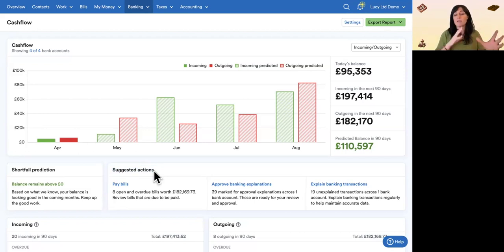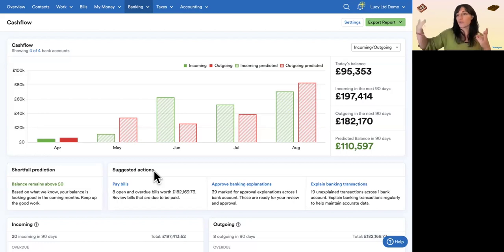And it comes from a number of different areas in FreeAgent. It comes from the current balance in all of your bank accounts that are in FreeAgent, all of your future dated bank transactions, so things that haven't happened yet but are happening soon, and all of your due or overdue bills, invoices, and credit notes.